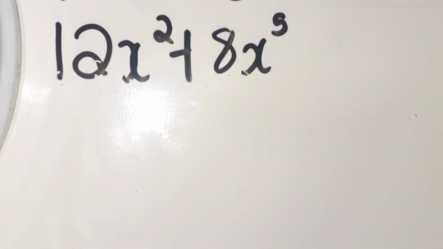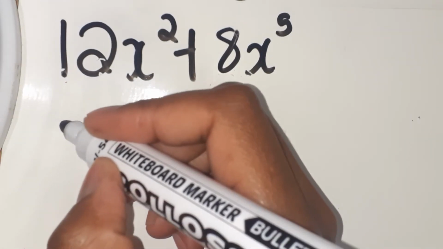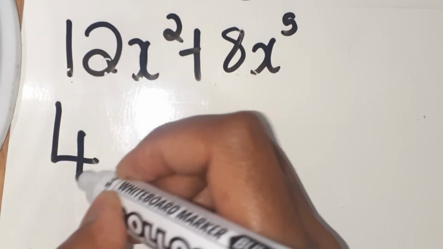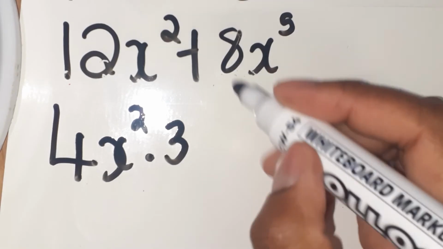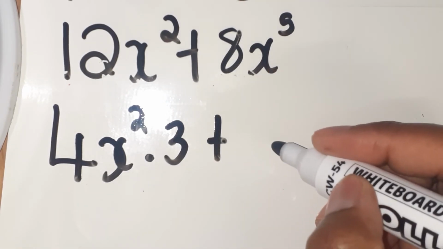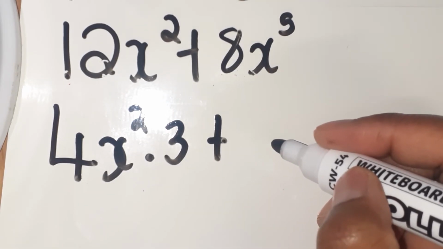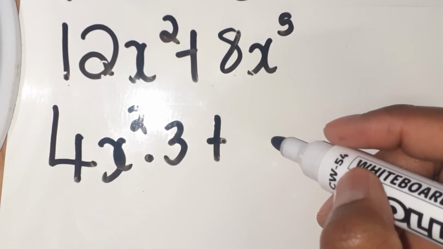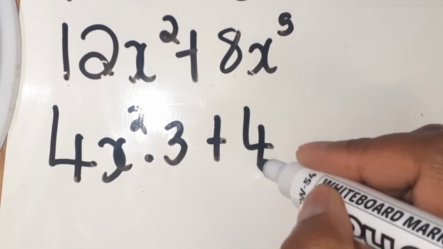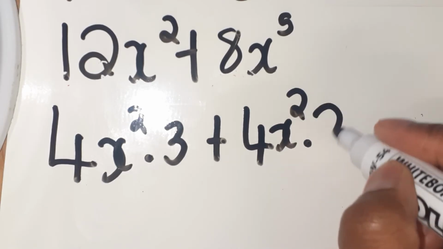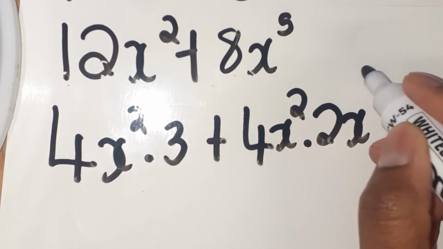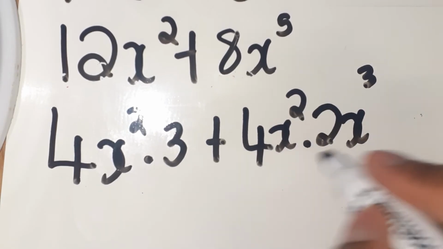Okay, after that, what do we multiply 4 by to give us 12? So that will be 4 times x squared times 3, plus, here as well, the factor is 4, right? So that will be 4 times x squared times 2, so that the bases are the same, we add the exponents.